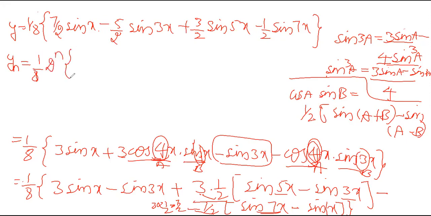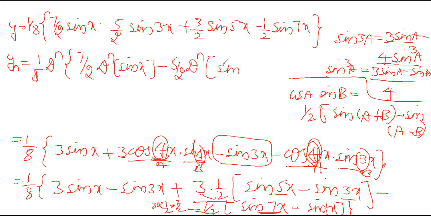Nth derivative of this one, that is 7 by 2 into the nth term of sin x. I write separately. Then minus 5 by 2, then the nth term of sin 3x, the second one.